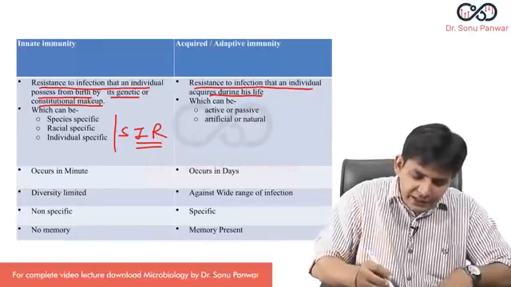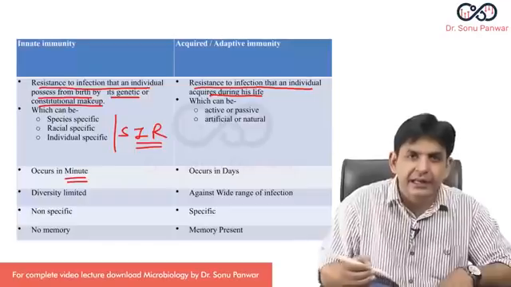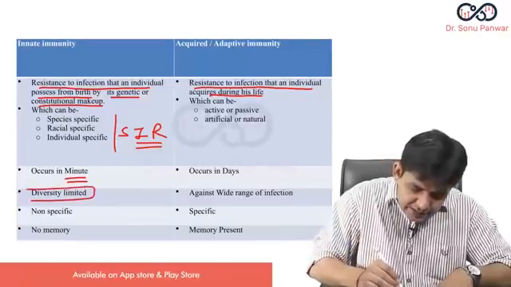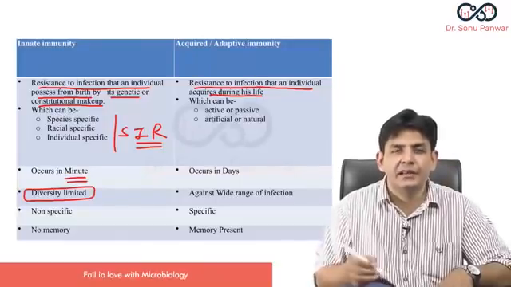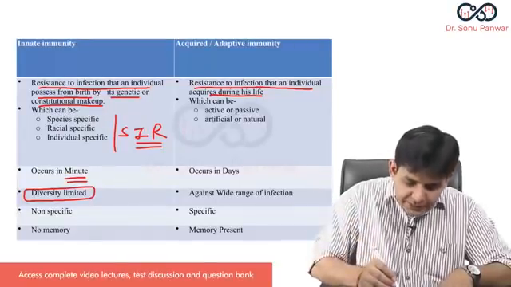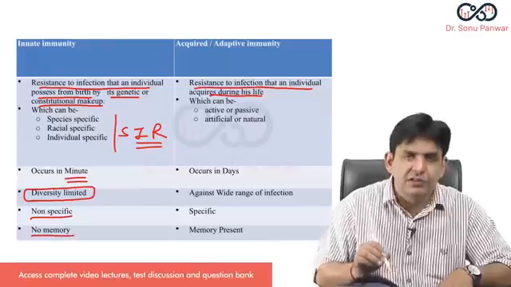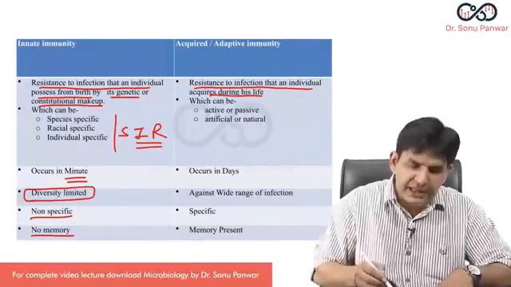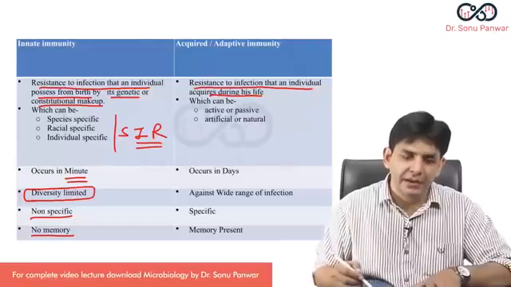This immunity does not need any time; it occurs in minutes. But the problem is the diversity is limited. It can't act against various organisms. It is non-specific and it does not have any memory also.